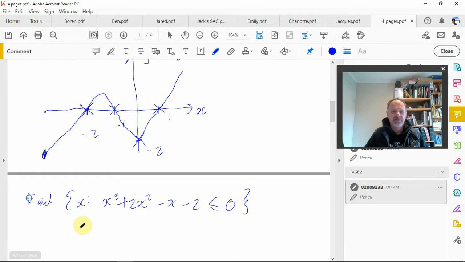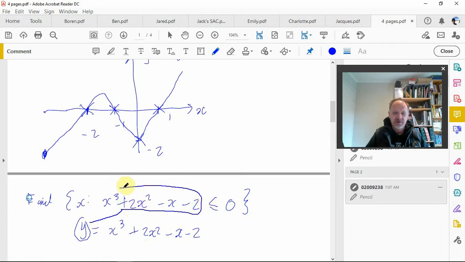And remember I said let's make y equal that stuff. So if I've made y equal all of that, then in here I could replace this with y.